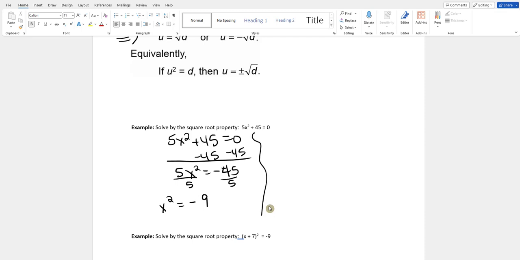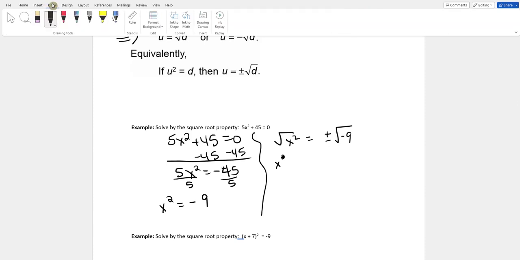I now want to get x by itself, so I'm going to take the square root of both sides. Don't forget to put the positive negative in front of the square root over here to the right. So the square root of x squared is just x. And then the square root of negative 9.